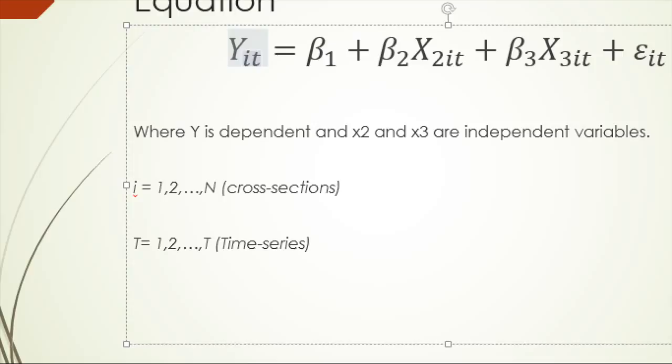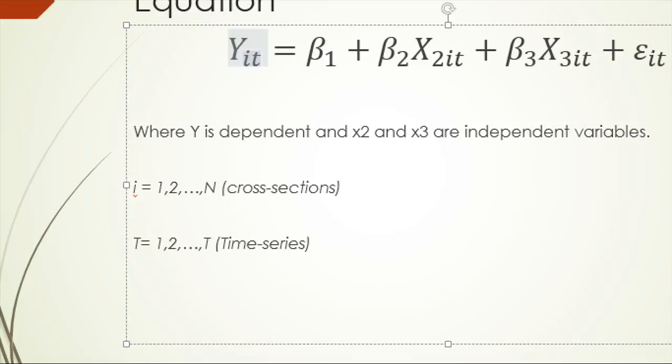T is the number of years, or any other time frequency, for which we have data. Suppose we have data for 15 years, then we would say T is 15, and the frequency is yearly data. It could be monthly, per minute, per second, whatever you have.